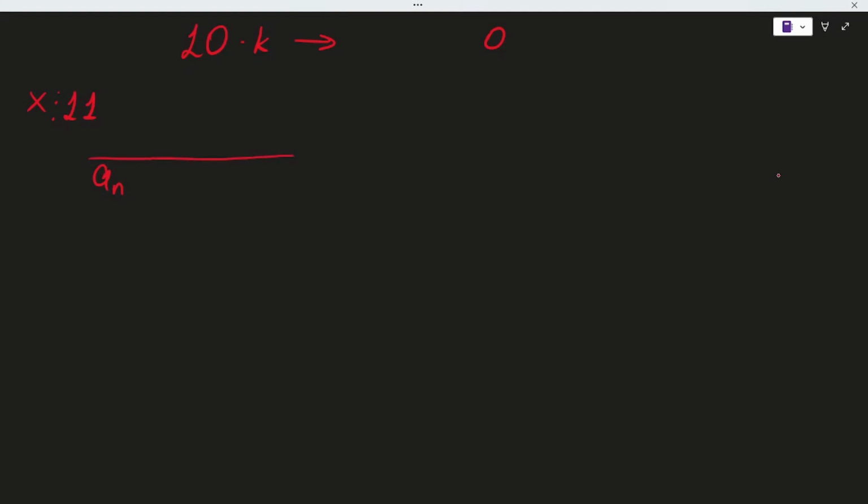If x was an minus 1 and so on down to a0, once again, this one expands as 10 to the n times an, and so on, plus a0 times 10 to the 0. And we can see that 10 equals minus 1 mod 11. 10 squared, which is 100, equals 1 mod 11.